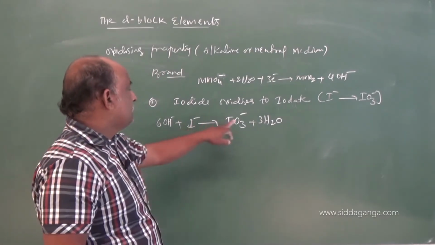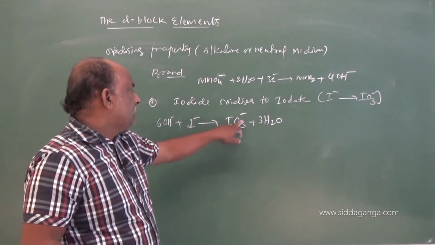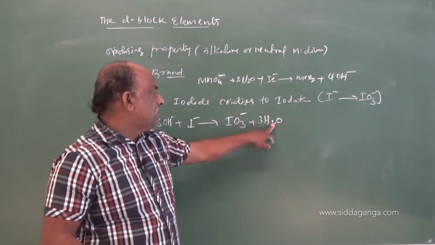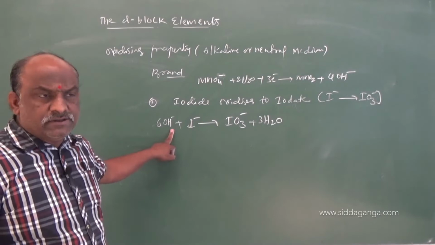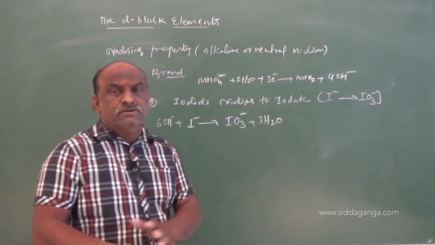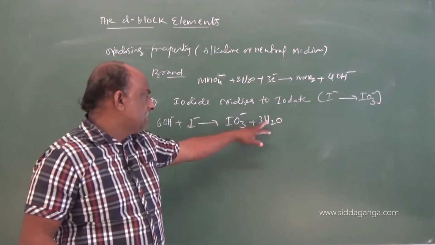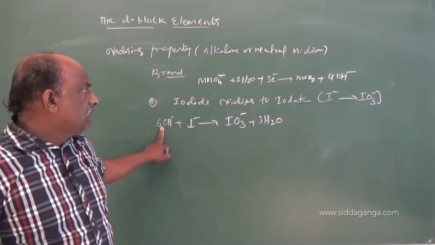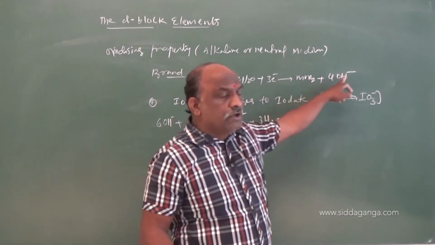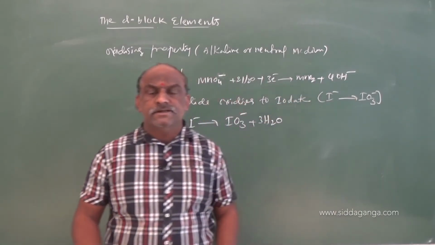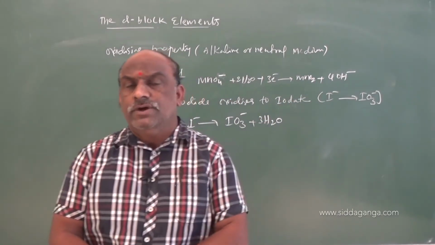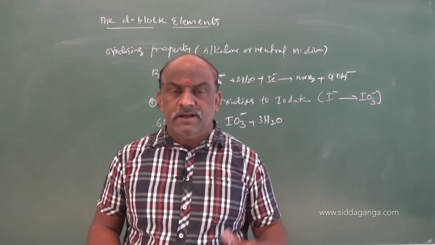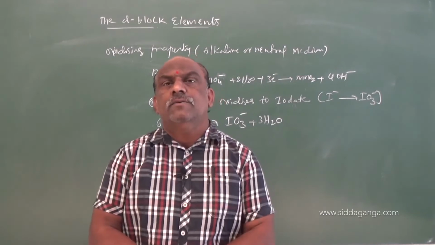I minus gives rise to IO3 minus, 3 plus 3 is 6 oxygens, here 6 oxygens, and 6 hydrogens here, 6 hydrogens there. While adding oxygens and hydrogens, you should double like that. If you are adding 3 water molecules, you should add 6 OH minus. If 2 water molecules are added, 4 OH minus are required. Understand? 2 water molecules require 4 OH minus, 3 water molecules require 6 OH minus.